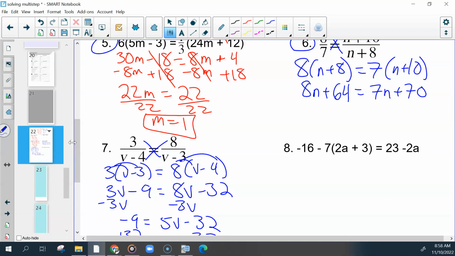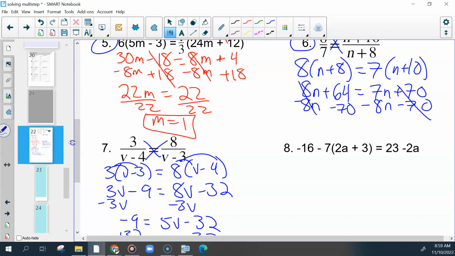I personally like moving things so it stays positive, but it doesn't matter. So if we move the 8 over, I would also need to get rid of the 70 at the same time. So the 8 n's would cancel, the 70's would cancel.